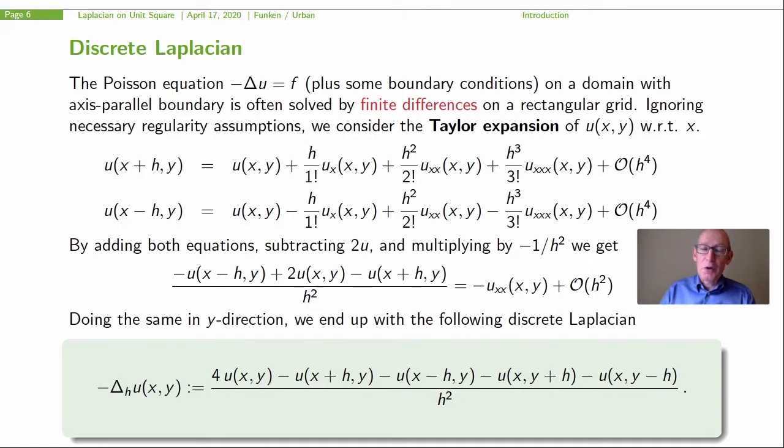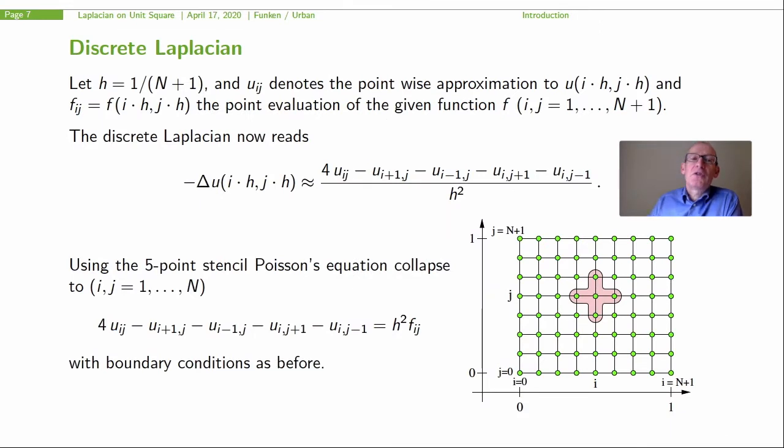So how do we go from the discrete Laplace operator to the finite difference method? Therefore, we introduce some grid or mesh, where we use some mesh size, the equally spaced distance between two green points.